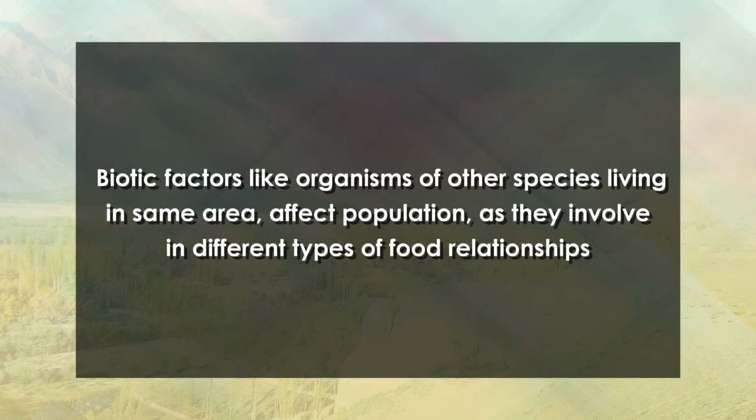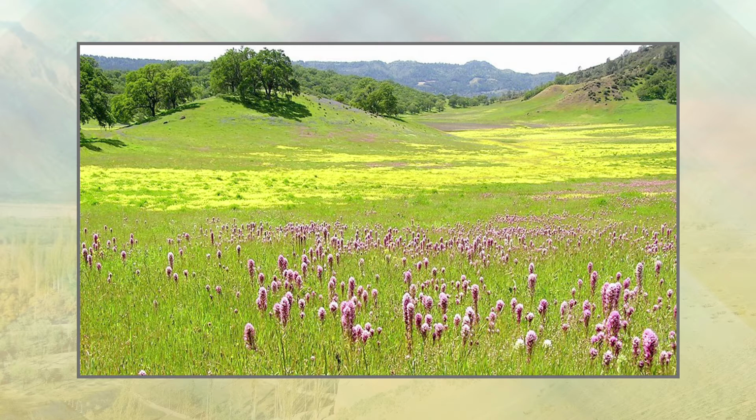types of food relationships. For example, if the population happens to increase in size, it is brought down by an increase in its predators' number or a decrease in the amount of available food. Different populations have different ability to tolerate change in weather, physicochemical and biotic factors.